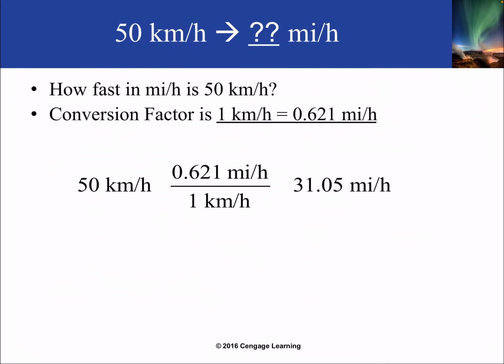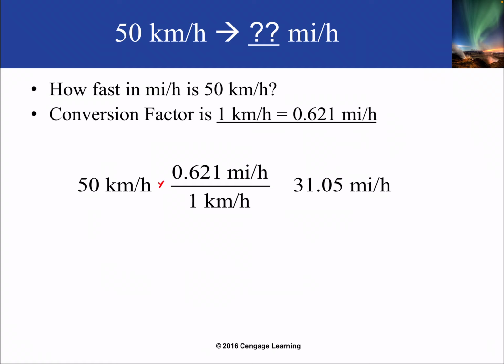So this next example, we're asked how fast in miles per hour is 50 kilometers per hour. So we look at our conversion factor and we find in 1 kilometer per hour there's 0.621 miles per hour. In this case, what we're having to convert is 50 kilometers per hour.